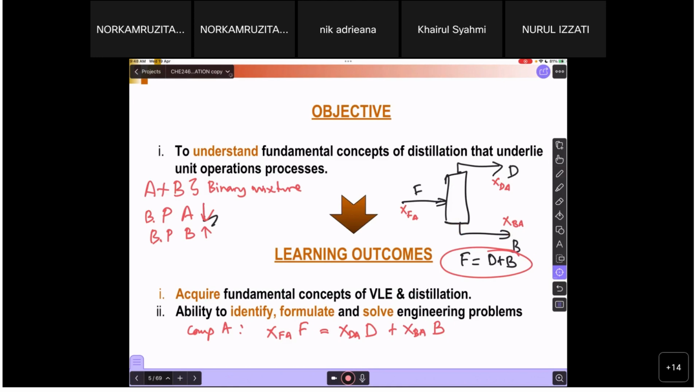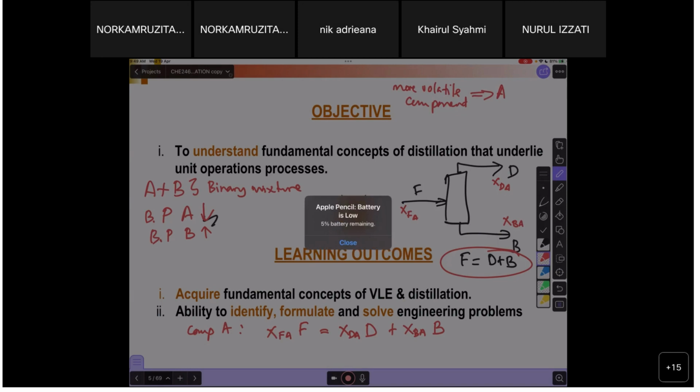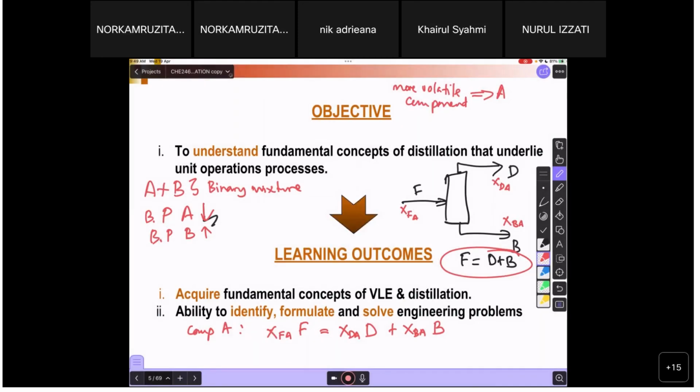So the majority of the composition that you collect at the top product is always component A. I simplified it here: the more volatile component should always be component A, where it has a lower boiling point.